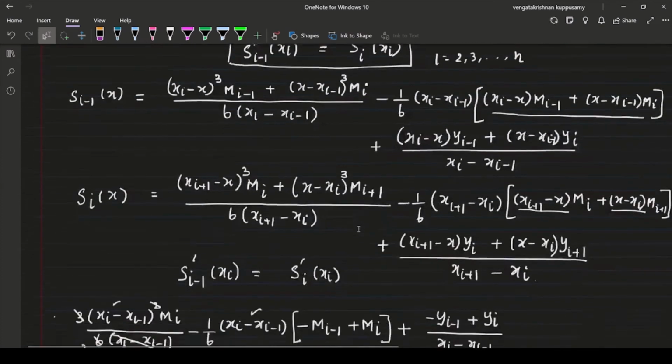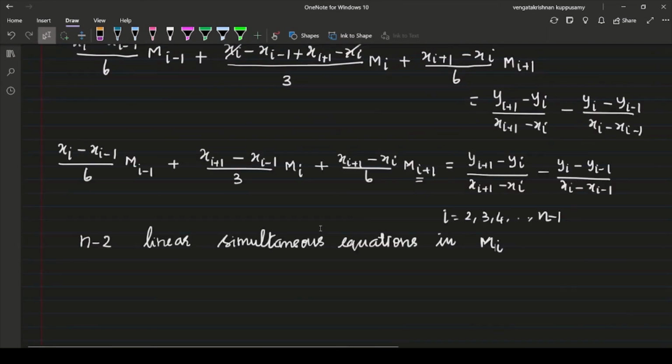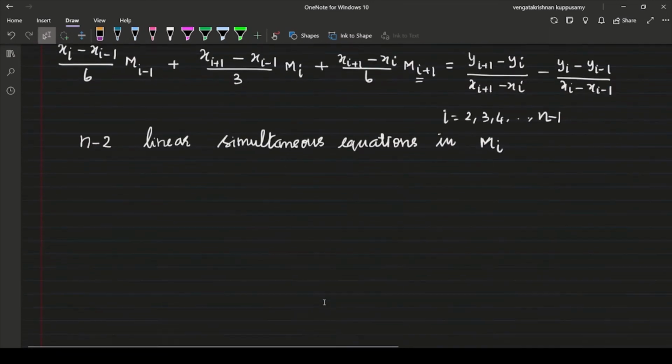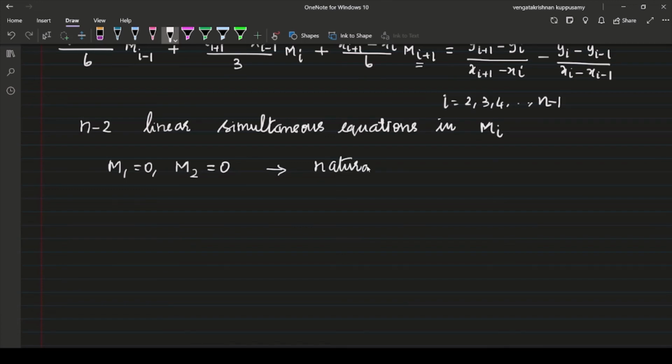But to solve for n unknowns, we have only n minus 2 linear equations, so we need 2 more equations. If we take m_1 equal to 0 and m_n equal to 0, the resulting cubic spline is called natural cubic spline.